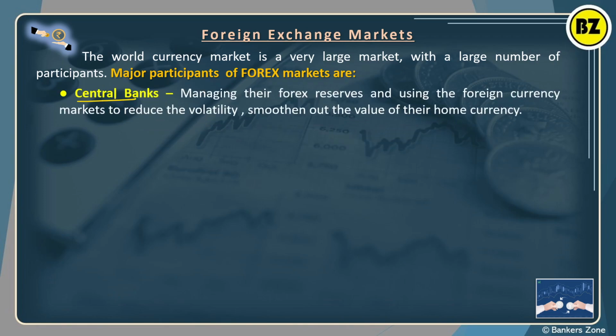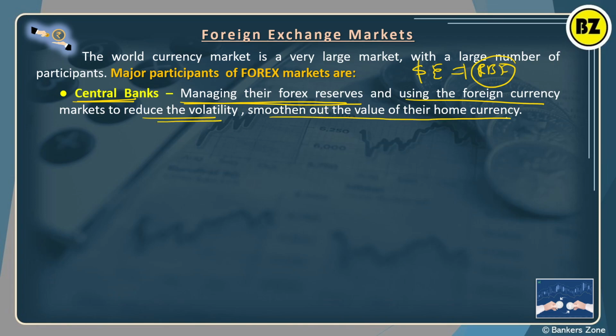First is the central bank. Central bank refers to, say, for India, RBI. So RBI manages the forex reserve. Whatever foreign currency we are having is held with the RBI, because RBI keeps this forex reserve. RBI manages the forex reserve using the foreign currency market to reduce volatility and smoothen out the value of the home currency.